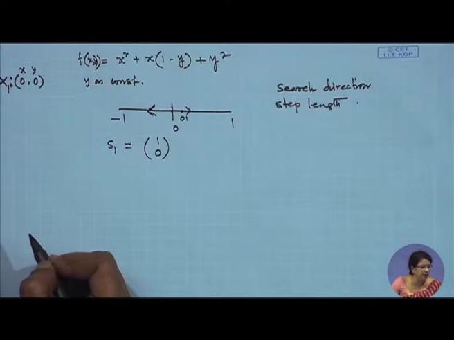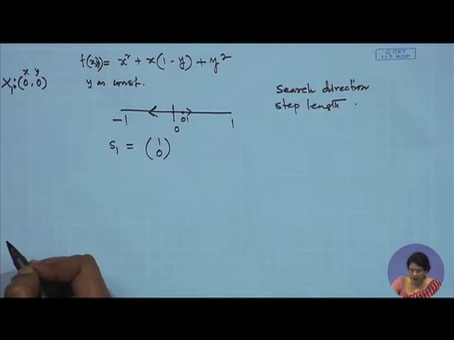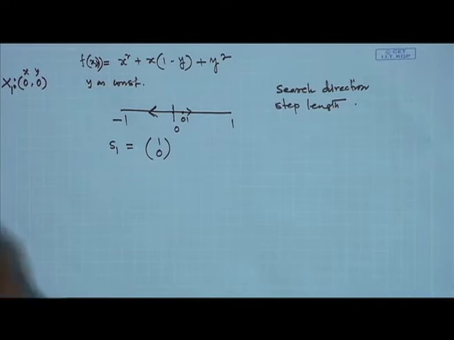We could see the functional value is 0.0001, and what was the functional value at 0 0? That was 0 only. That is why the functional value is increasing on the right hand side.